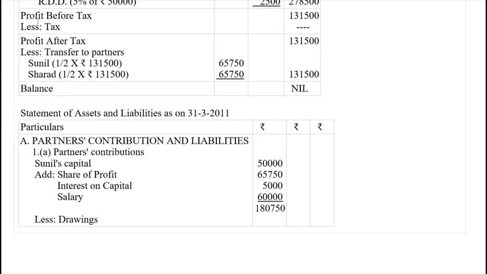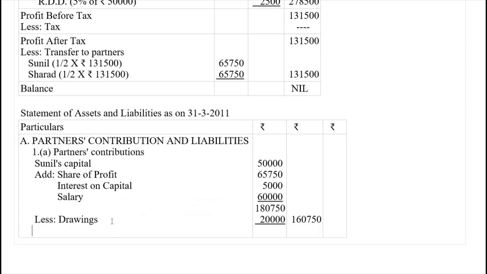1,80,750. So from this, let's deduct here the drawings made by Sunil, rupees 20,000. So let me underline here. The difference will be 1,60,750.